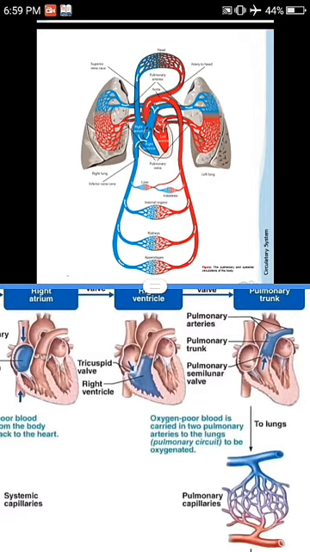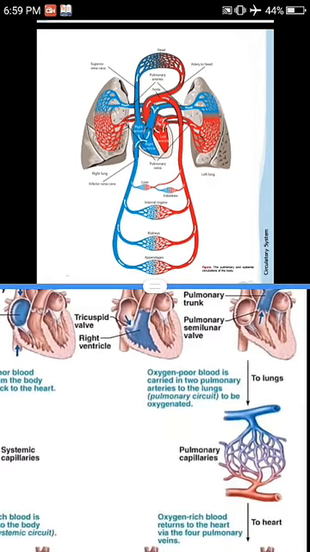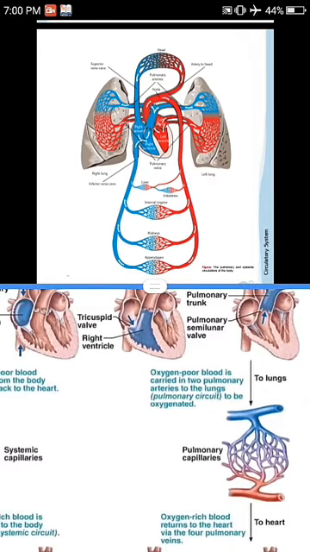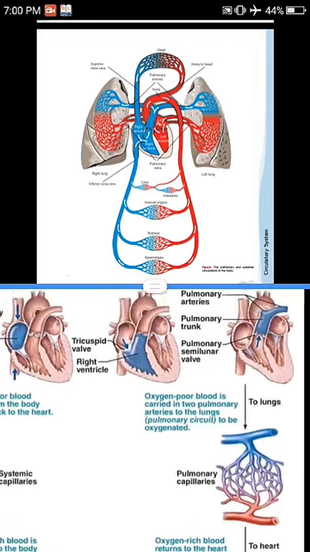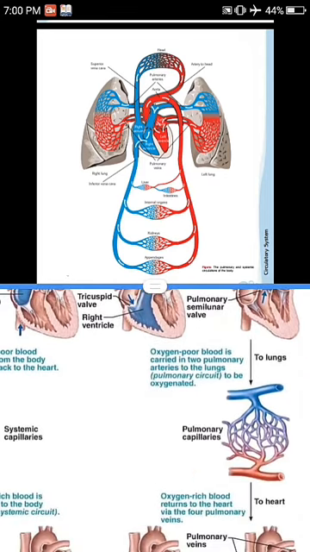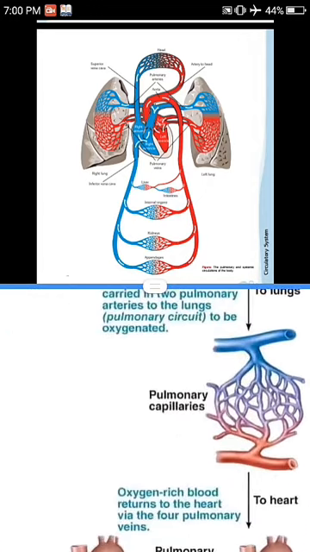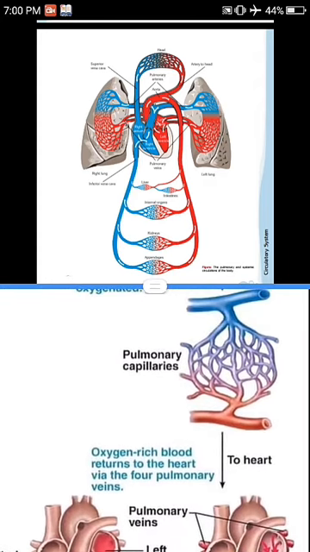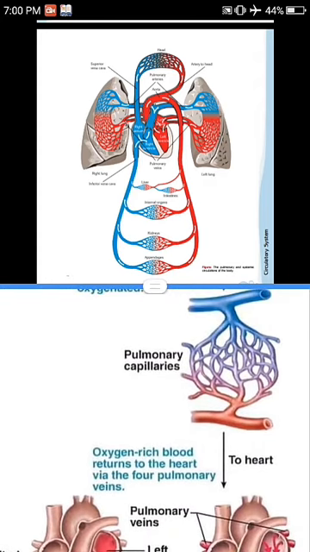Whenever it goes into the lungs, it becomes oxygenated because we inhale and take in oxygen, and that is why it is filled with oxygen. Then it travels again and returns to the heart from the lungs.